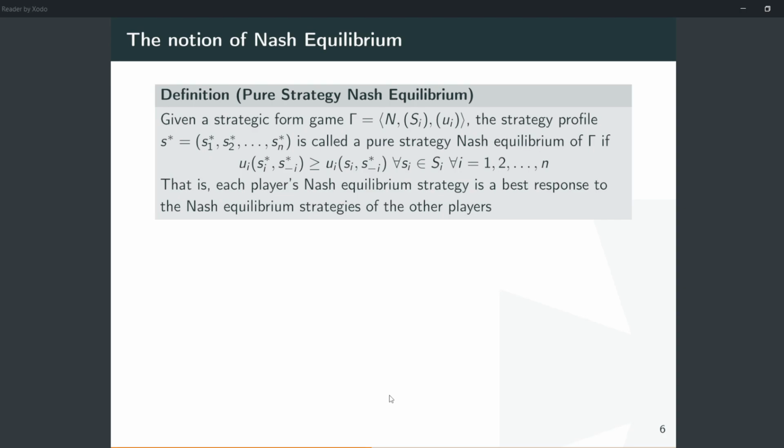Now, to analyze these games, we define the notion of Nash equilibrium. There are different kinds of Nash equilibrium. We will see pure strategy Nash equilibrium, which means that a player uses a single strategy. A mixed strategy Nash equilibrium is when a player can mix strategies, and each strategy is defined by a probability distribution.